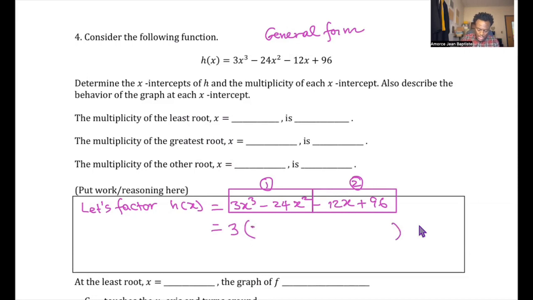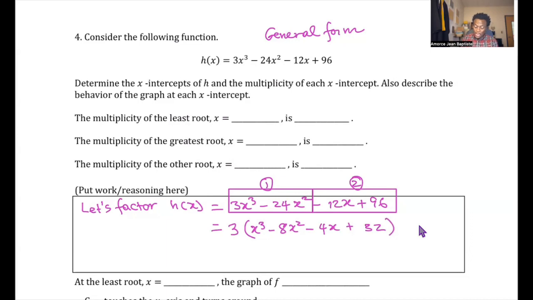So that's x cubed minus 8 x squared minus 4 x plus 32. So that's this.